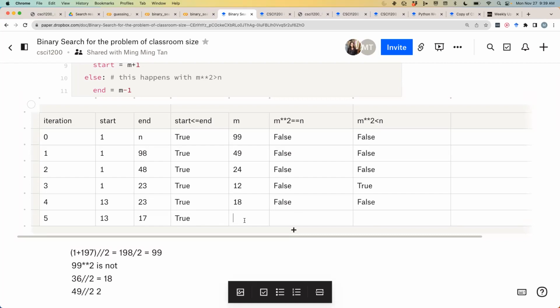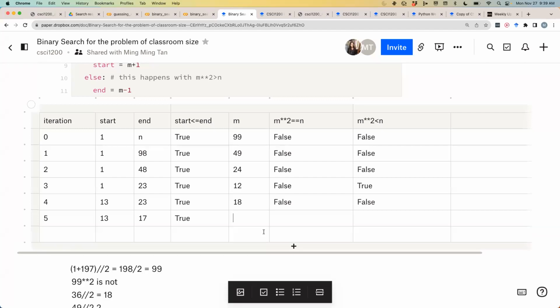Now, if you continue this way, the number of iterations that you need to check is definitely less than 15. The next middle value is 15. Is m squared equal to n? False. Is m squared less than n? False. Then you go to the next iteration.